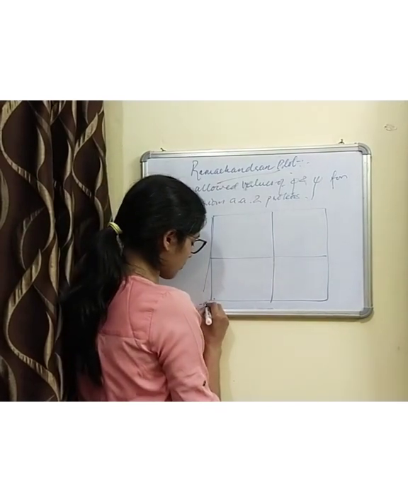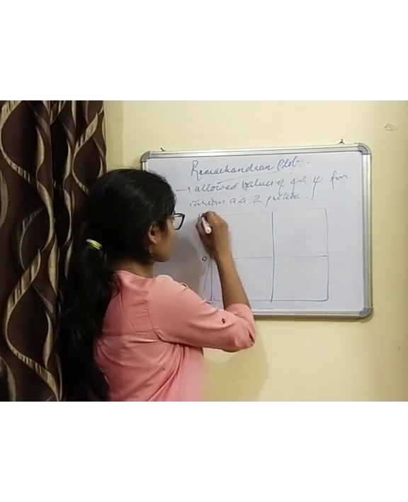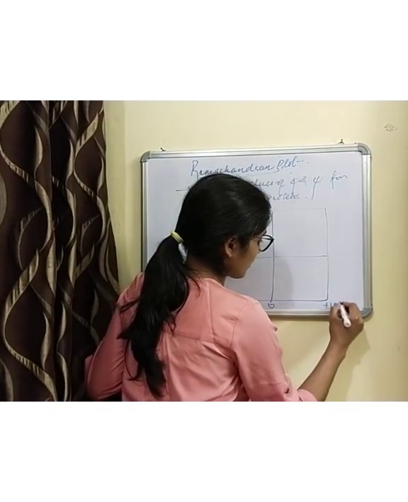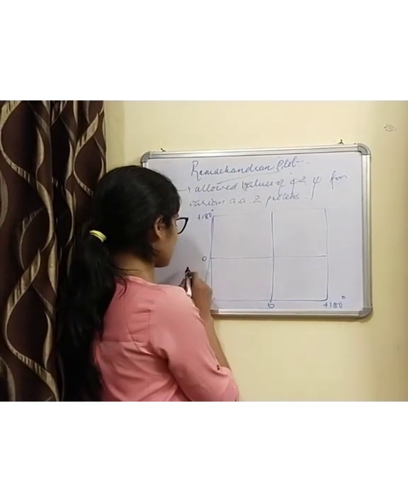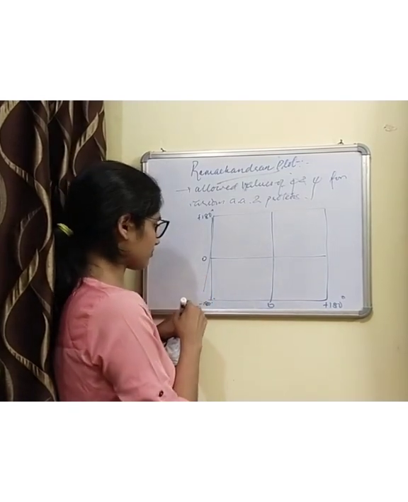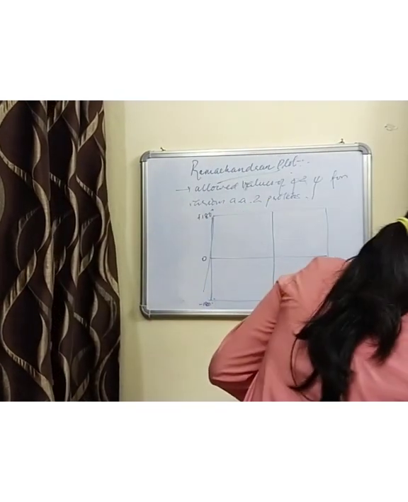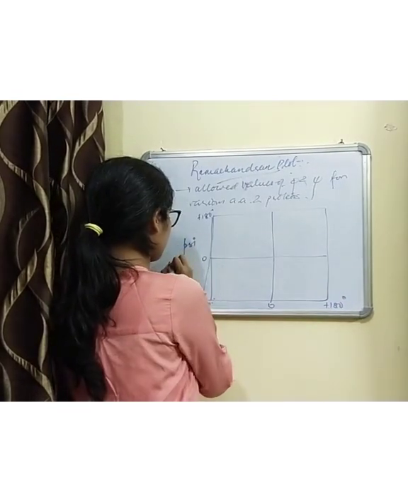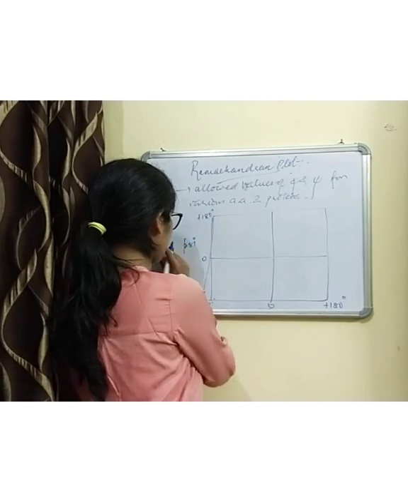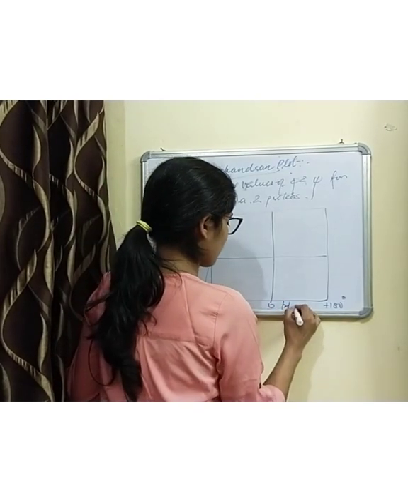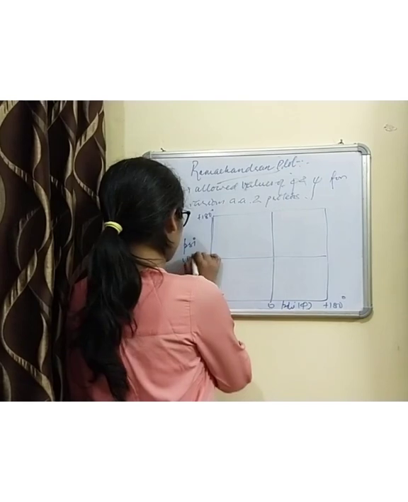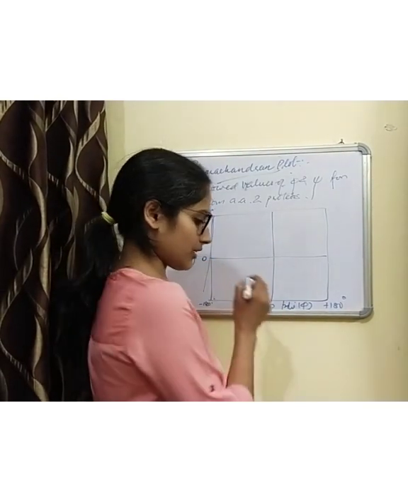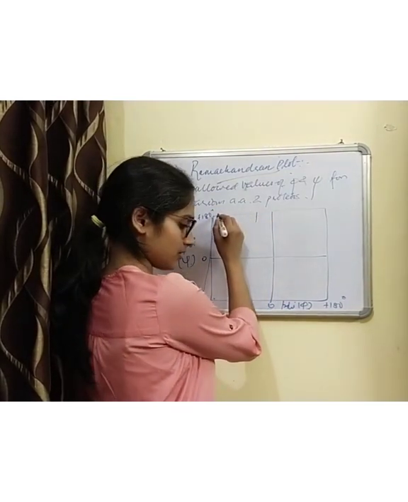So it is minus 180 degree here, 0, plus 180 degree, then again minus 180, 0, plus 180 degree. This is psi and this is phi.